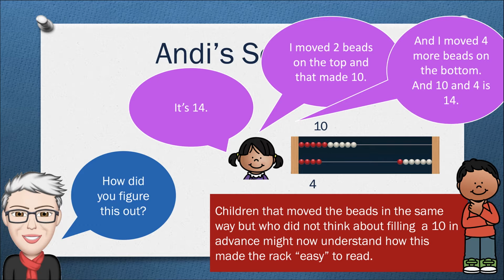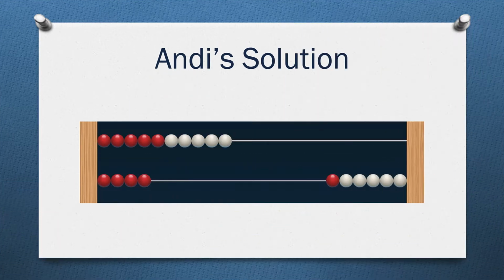Of course, for the discussion to be comprehensible, it is important that the teacher shows the solution on her own rack so children can see it as the discussion takes place. The discussion needs to include talking about all of the things we have mentioned here. How Andi added the 6 as 2 and 4.